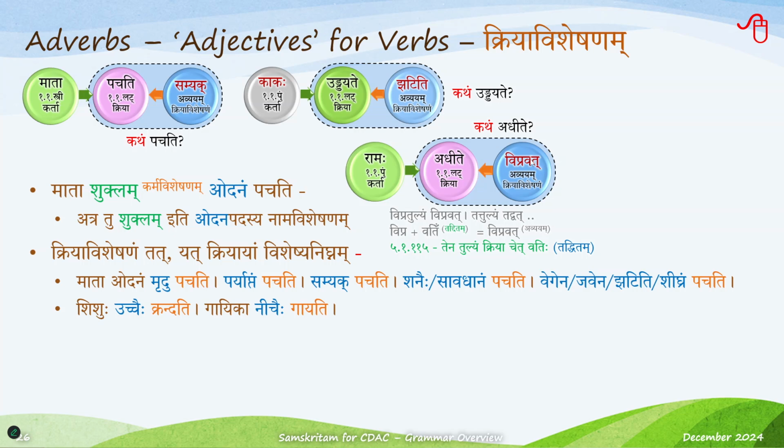Tadvat also can. Vat is a way suffix. There are a few suffixes like that, which we call Taddita suffixes. These suffixes we add to Nama Pratipadikas and make new nouns, in this case an Avyaya noun, which is an indeclinable noun, Vipravat, from Vipra.